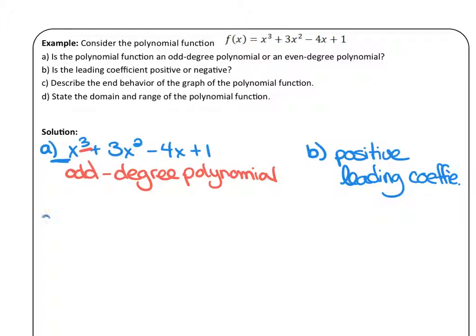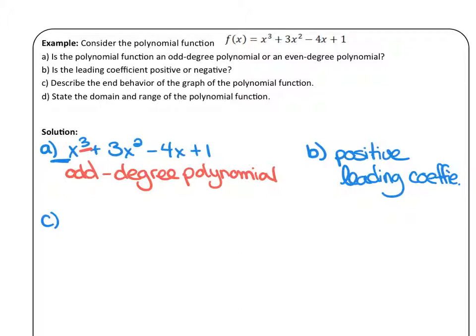C, this is where the chart comes in super handy. We're going to describe the end behavior of our polynomial. And so you can just go right to the chart and find exactly where you're looking. So we've got an odd degree polynomial with a positive leading coefficient, which is in that first column.